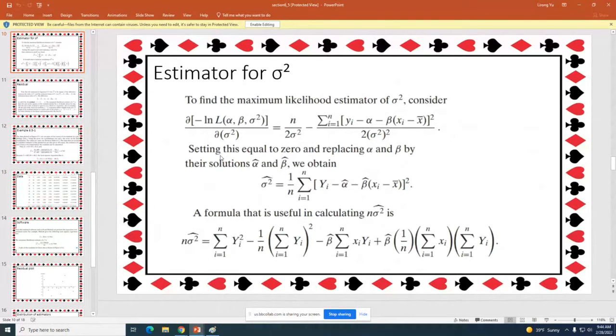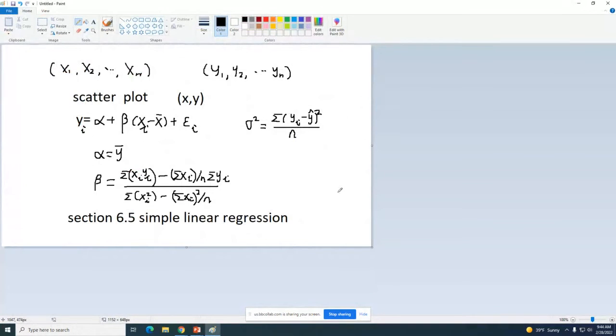If you use this formula to estimate your y value, you make a small error. So you calculate that error, square it, and divide by n. In a sense, it's still a variance, calculated by raw data minus the mean, squared, and divided by n. That was the sigma squared.